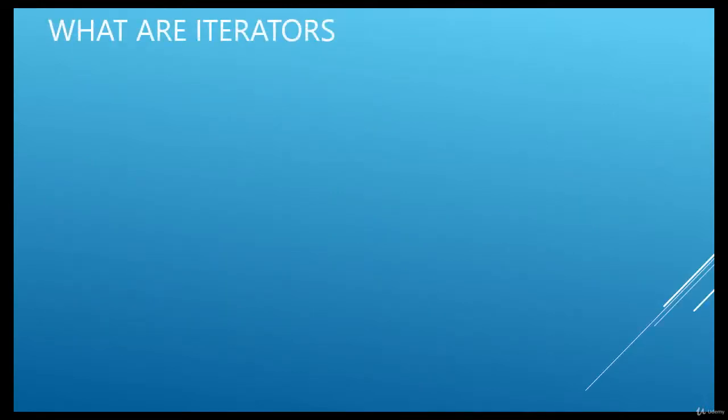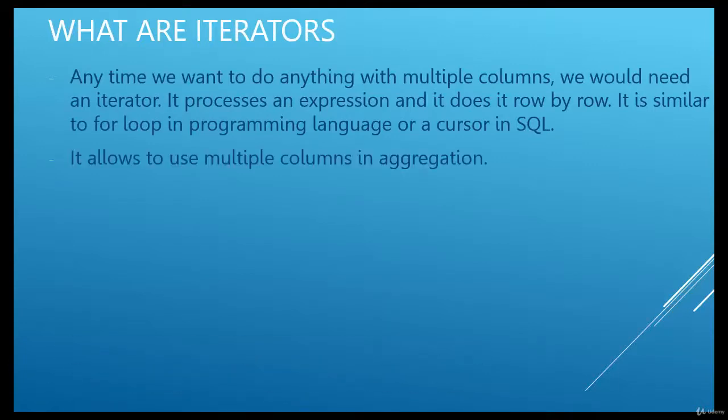Now, what are iterators? That's kind of similar to calculated columns, but calculated columns take up a lot of RAM. With iterators, we can do things comparatively far more easily without using calculated columns. So it takes considerably less RAM, and it does not hold the value because we are using it as a measure, not as a calculated column.